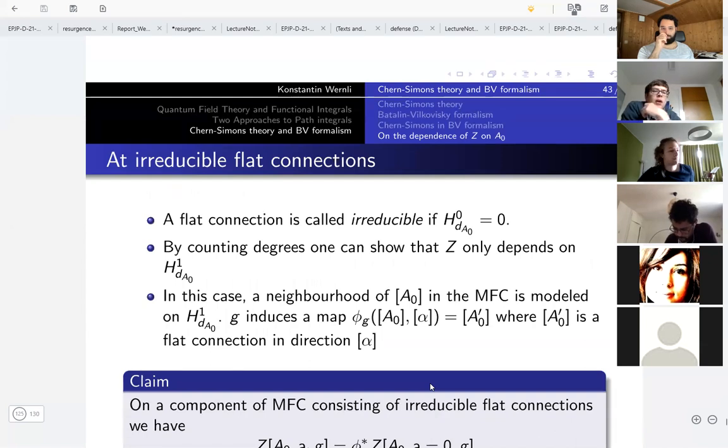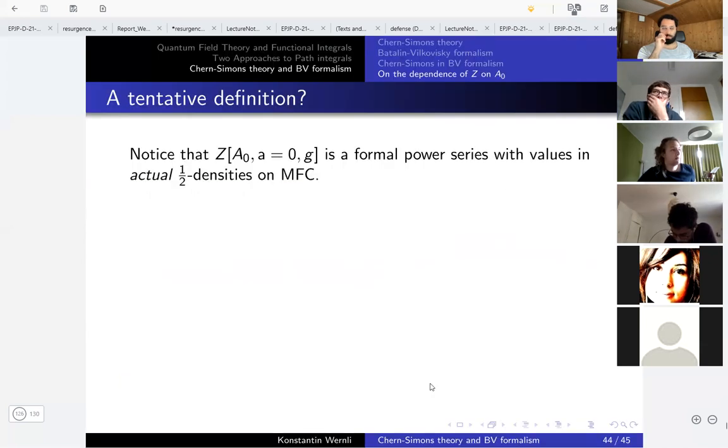And so what does it mean? I'm running out of time, so I'll close now. This object here is actually a formal power series with values in real half densities on the moduli space of flat connections.